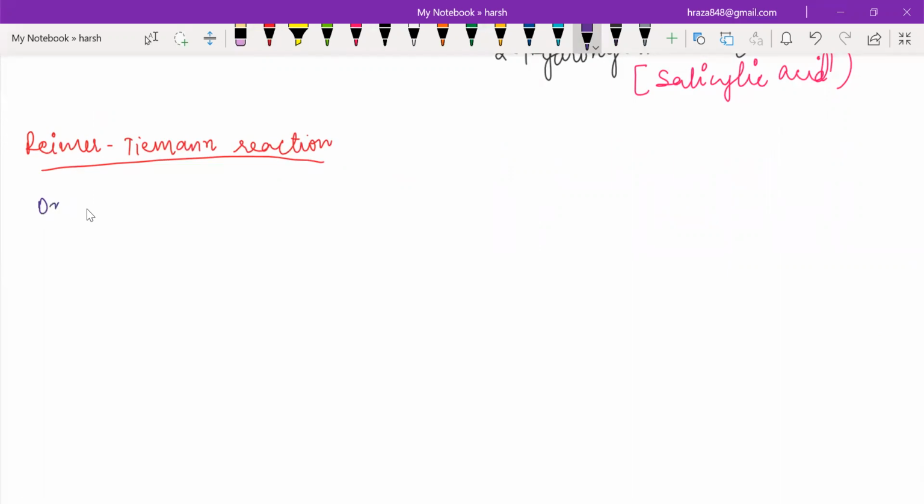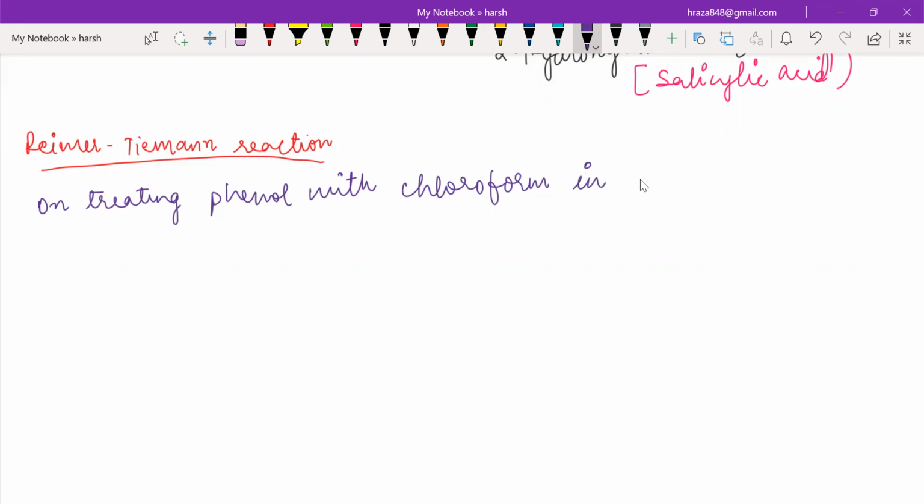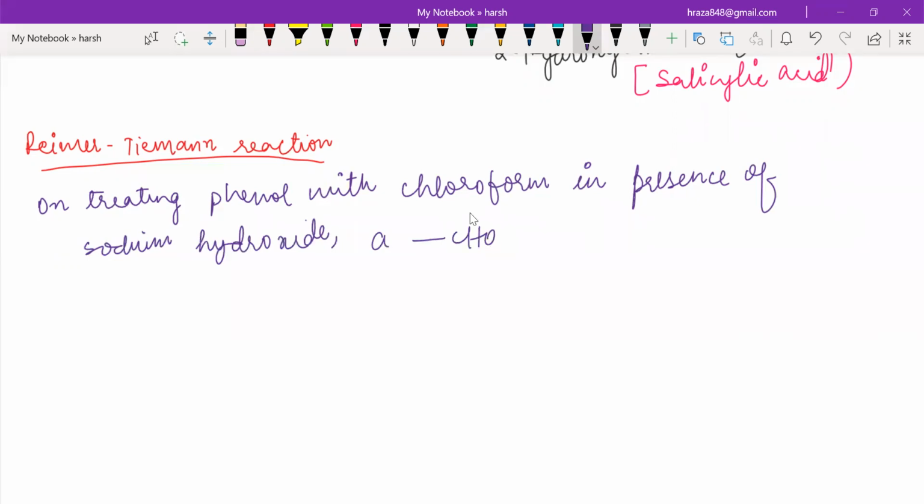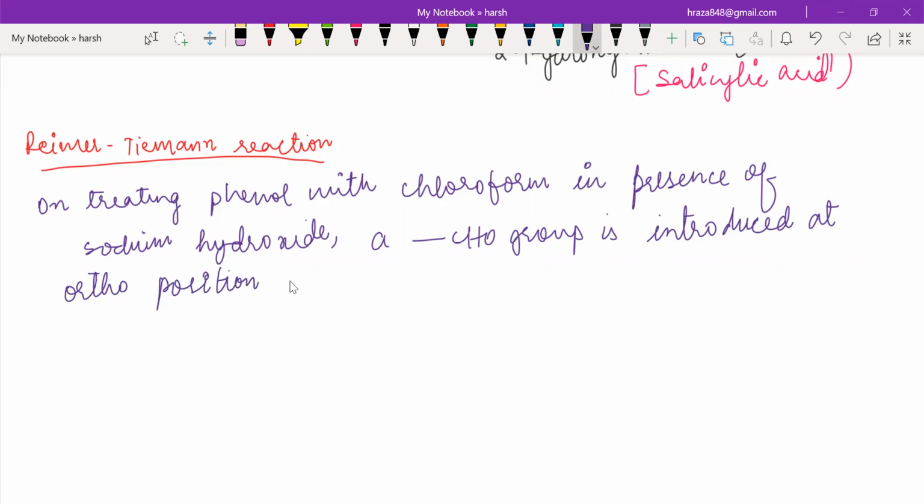Basically, on treating phenol with chloroform in the presence of sodium hydroxide, a CHO, that means an aldehyde group, is introduced at the ortho position of benzene.